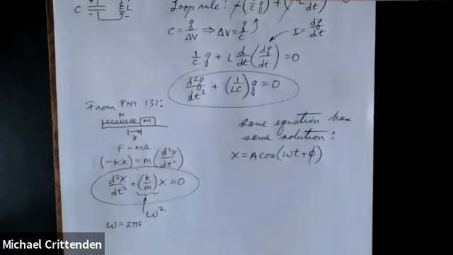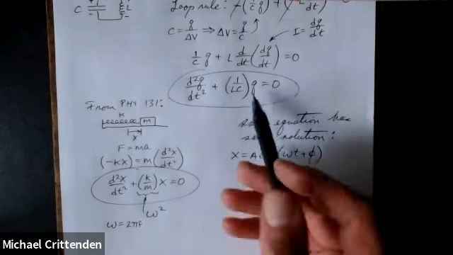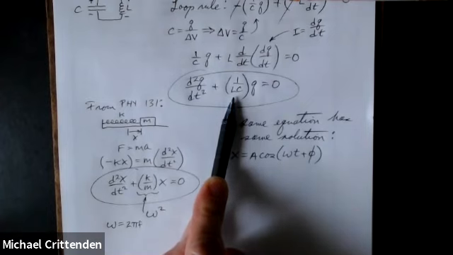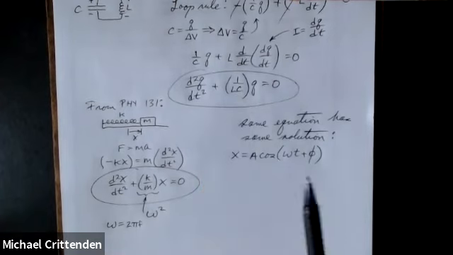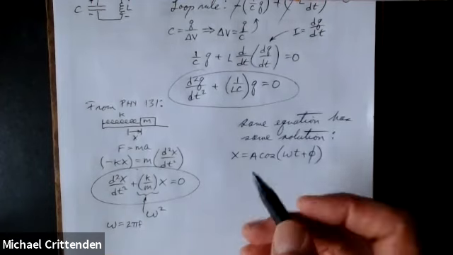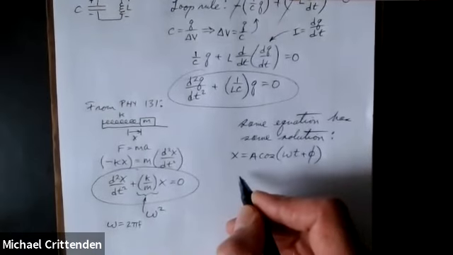Other textbooks sometimes use delta, where omega was the square root of k over m. Well, omega squared now is this coefficient here, 1 over LC. So all I'm going to do is write the same solution, just calling it q instead of x.